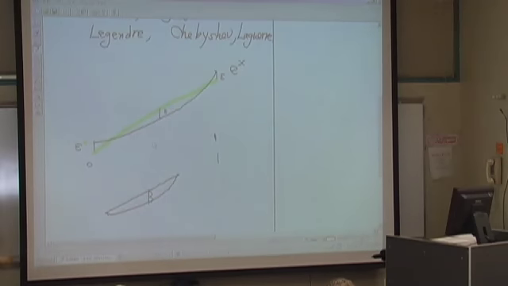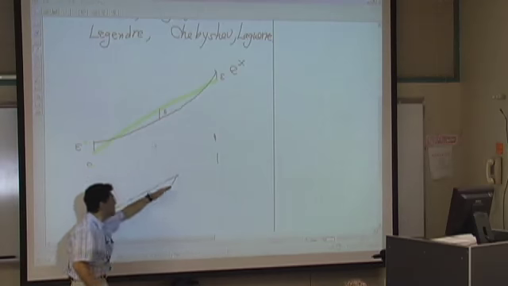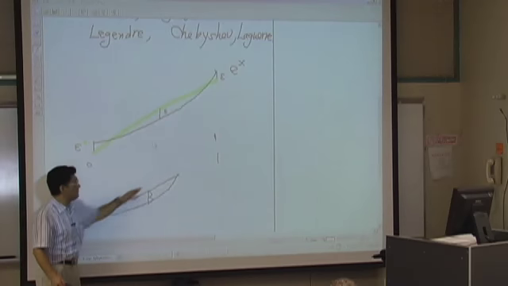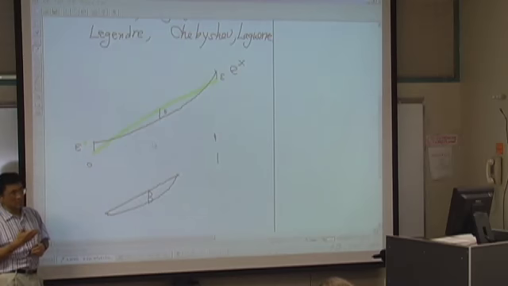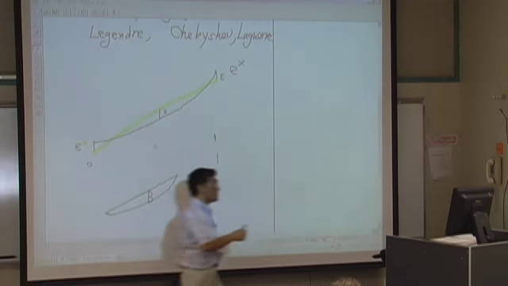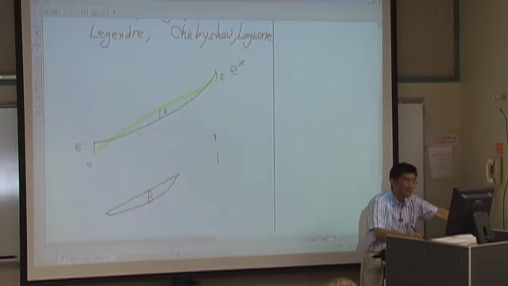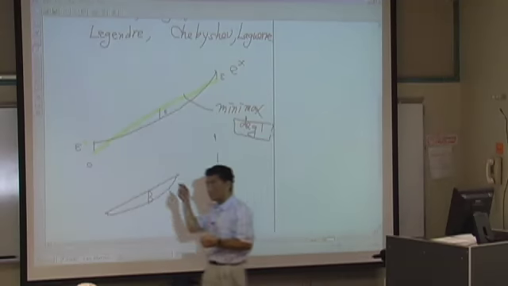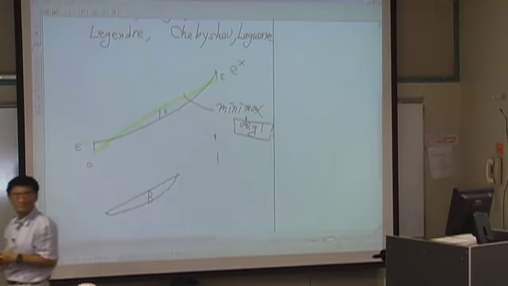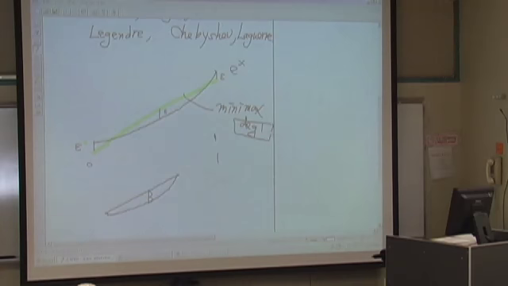So I lower it down instead of keeping it in this form. So this line is called the minimax approximation with order 1, with degree 1. A polynomial with degree 1 means a line.